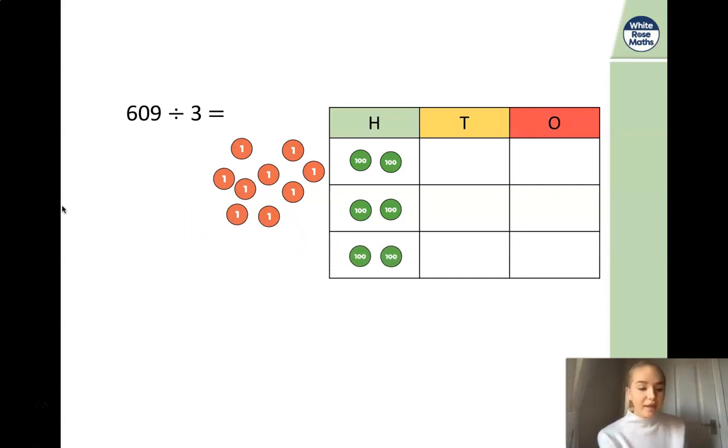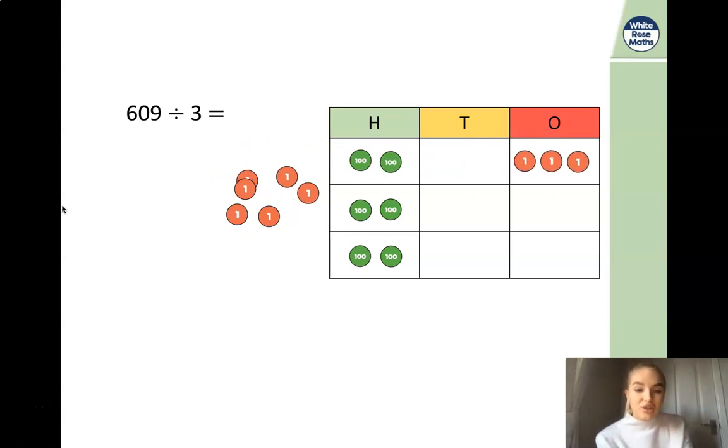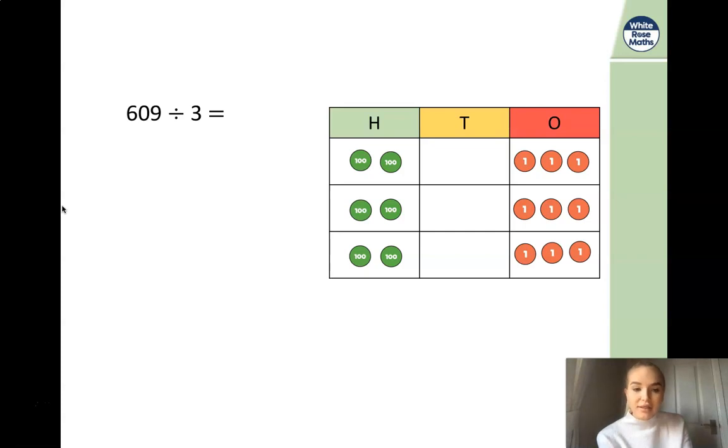Now I do not have any tens, so I'm going to just skip past it for now, but you need to remind me, Year 4, to include my tens in my final answer. So we have got here 9 ones. So we are going to start by putting our 3 ones in each of our rows because I know that 9 divided by 3 is 3 and I can use my times table knowledge to work that out.